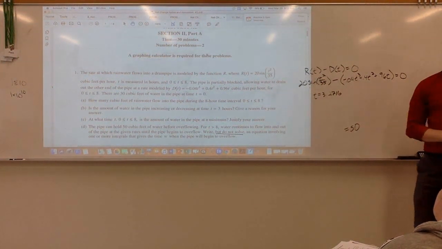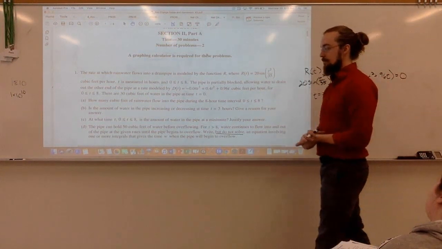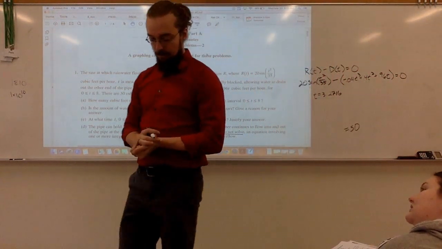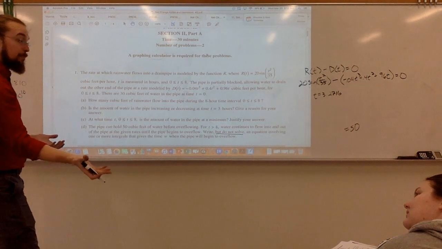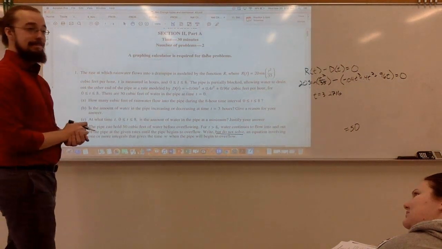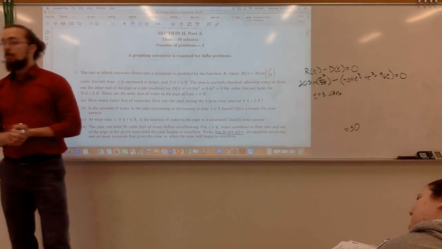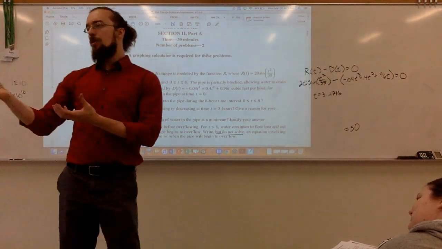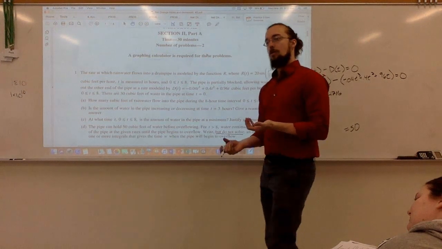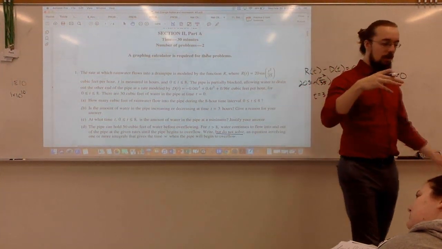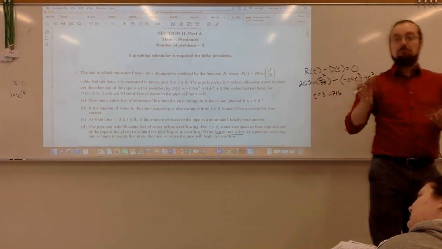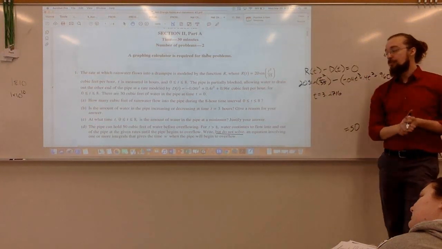Is it this R(t) minus D(t)? That'll be part of it. But we also have to account for the water coming out as well, right? So there's some water coming in, some water coming out, and I want to know when that total is going to get over 50.